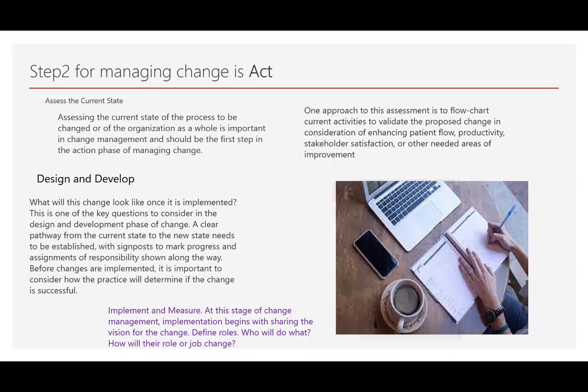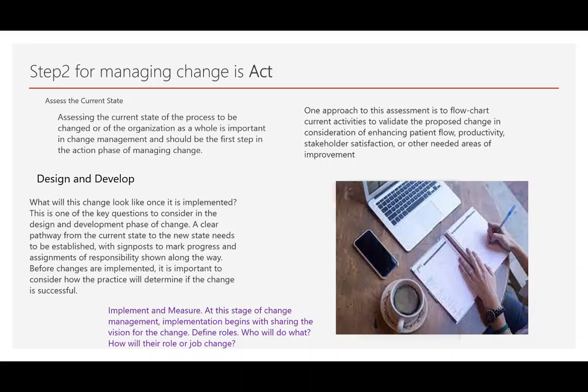A clear pathway from the current state to the new state needs to be established, with signposts to mark progress and assignments of responsibility shown along the way. Before changes are implemented, it is important to consider how the practice will determine if the change is successful.